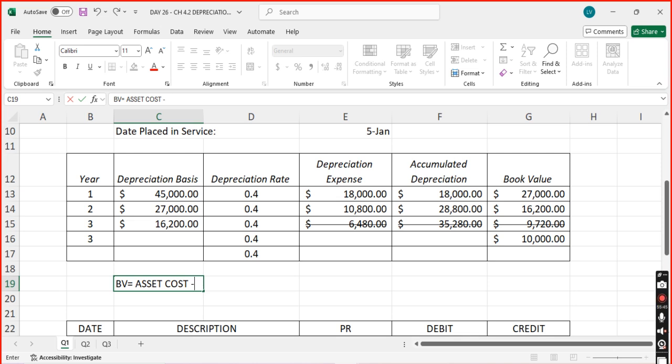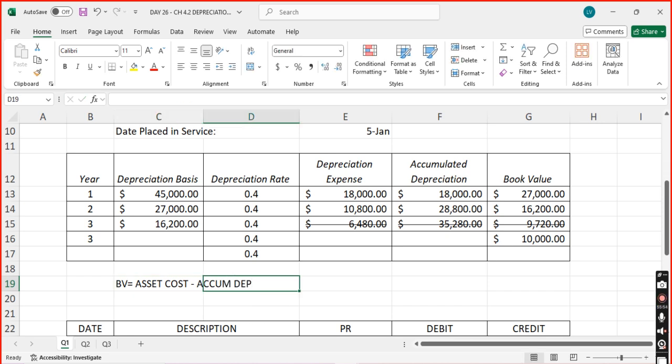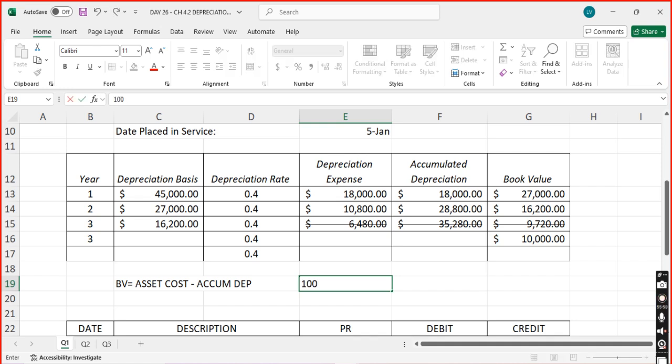Good. So asset cost minus accum depreciation. That's the formula. Now, if I'm given my book value to be $10,000, what's my asset cost? 45,000 minus my accumulated. So this one, pretty straightforward. Go ahead and plug and solve.